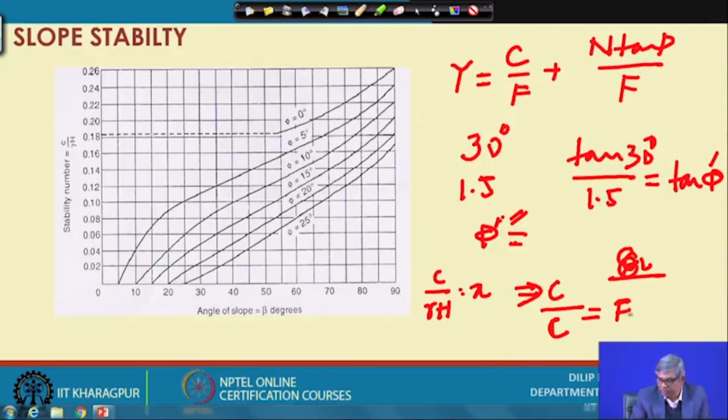Now we are getting one factor of safety here, and we started with the factor of safety of 1.5, and these two have to be compared. Based on the first assumption, it may not match. In that case, I change the factor of safety to another value and repeat the process, get another factor, and again compare to see how close it is.